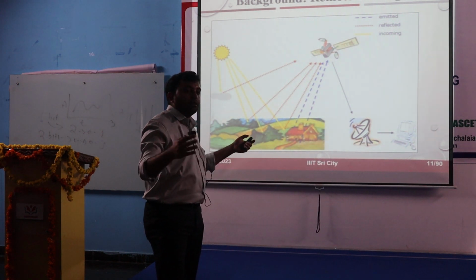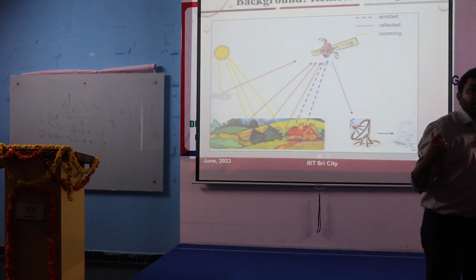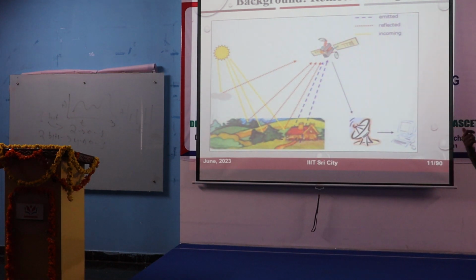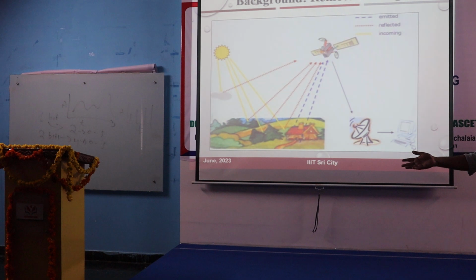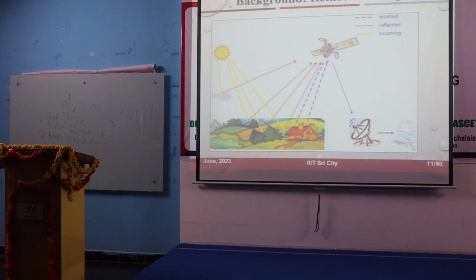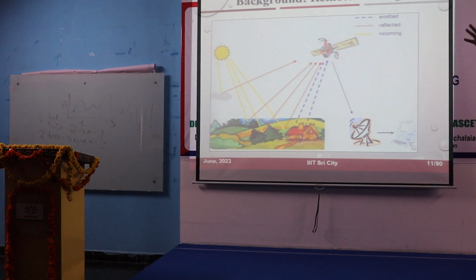So you have the sun. There are different types of remote sensing. For simplicity, we focus on passive remote sensing, which uses some other source of energy. Like when you are walking in the daytime, you don't need a torch light. You use the sun's energy. So the sun is giving all this energy on all objects, illuminating all the objects.